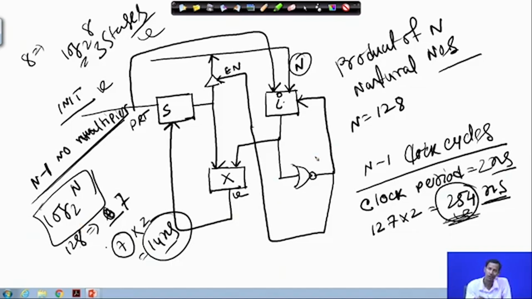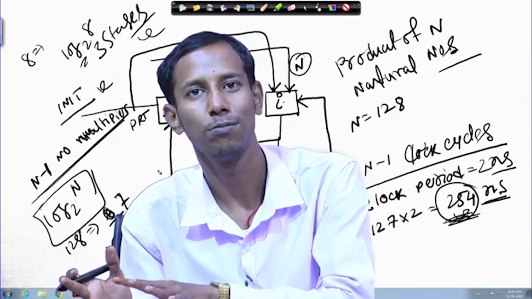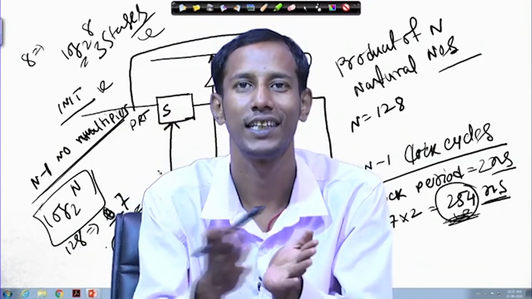So, hardware wise this is not reduced, but 14 nanoseconds is required: after applying the input once, after 14 nanoseconds I will get the output, whereas here I have to wait for 254 nanoseconds. So in a particular case where time is critical, I have to go for this and allow that it will consume more area, but I can save time.